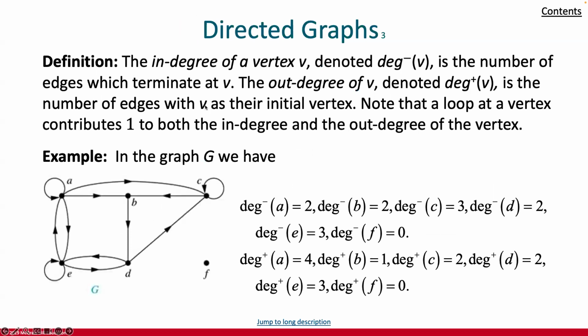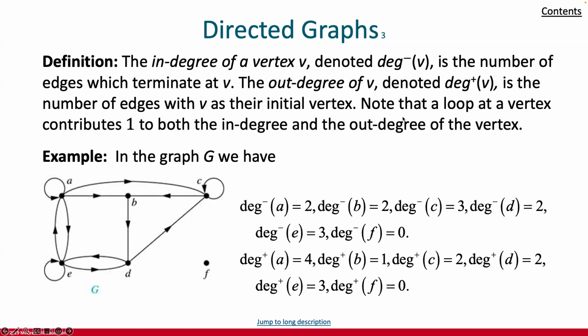The in-degree of a vertex, denoted by this notation, degree minus of v, is the number of edges which terminate at v. The out-degree of v, denoted by degree plus of v, is the number of edges with v as the initial vertex.